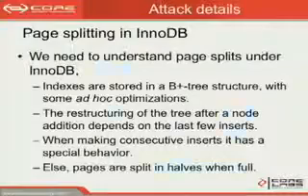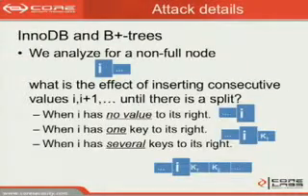So let's see. I will need to carry out the attack for these three cases of node splitting. In the first, there are a few values on the left, and there's a key value I, which the attacker knows, and he also knows that there's no value on the right.